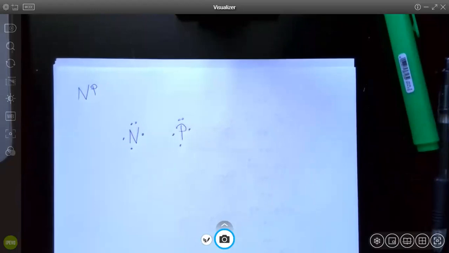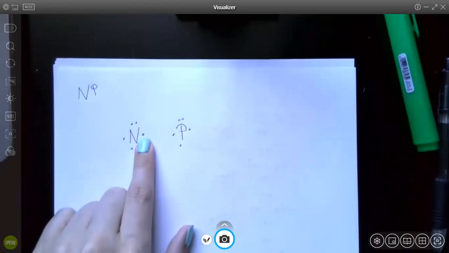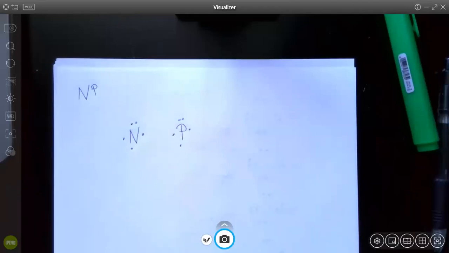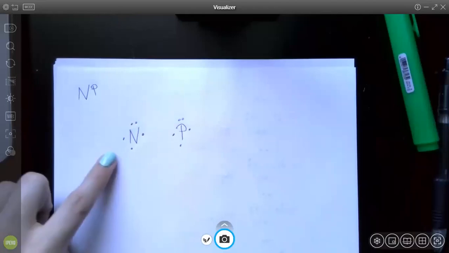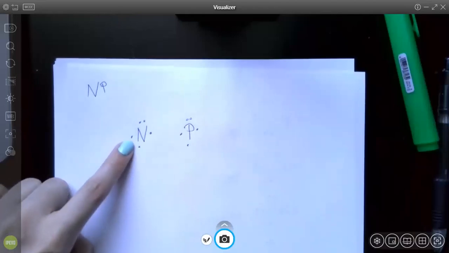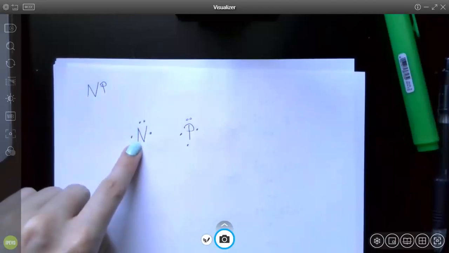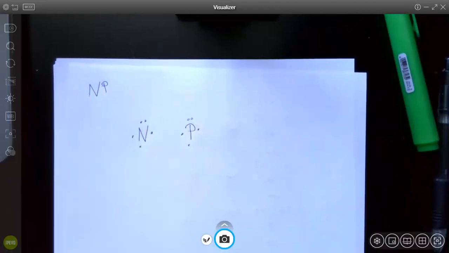And then any electron that is by itself must end up in a bond. Electrons that are in pairs cannot be bonded. At least that's the rule for this year. You also cannot bond two electrons that are around the same letter. So I can't bond like these two together.